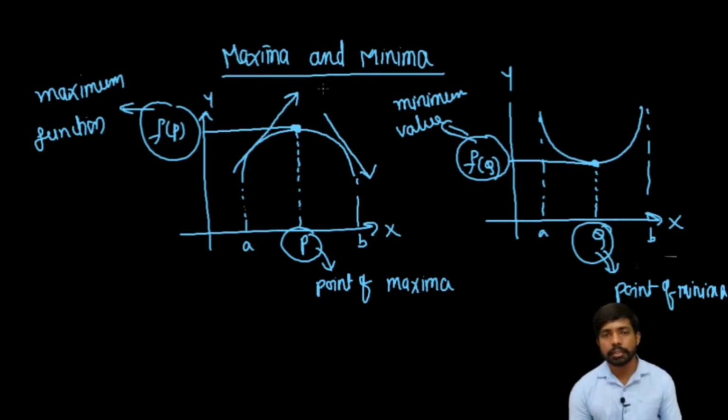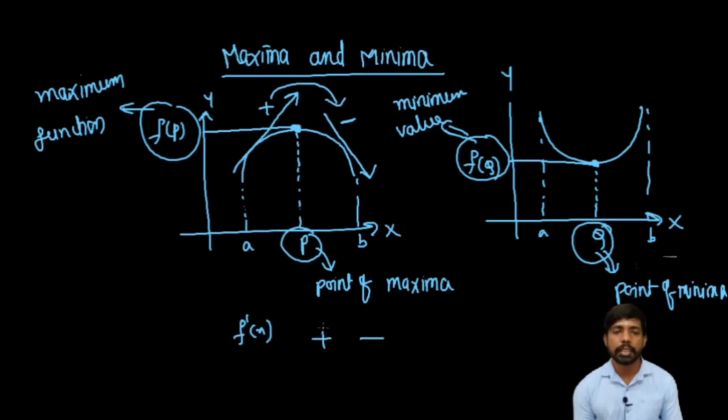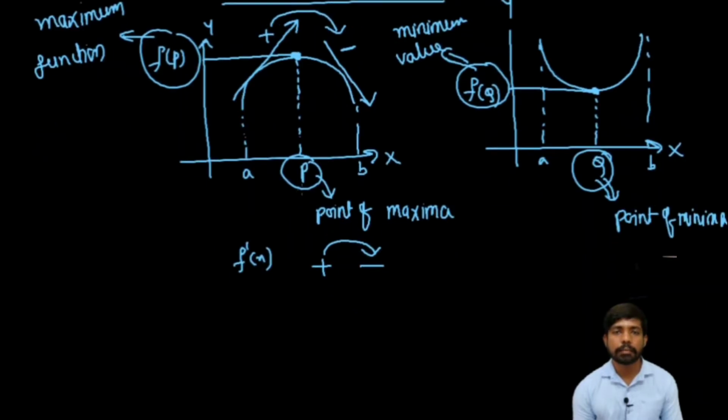Inclination means positive slope and declination means negative slope. The slope jumps from positive to negative, hence we call this a maximum condition.